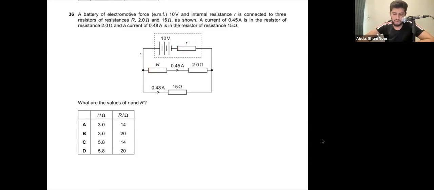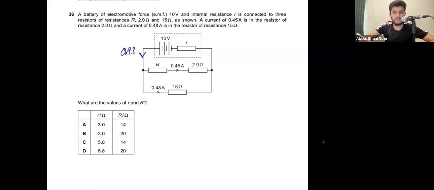So the first thing that I would do here is I would say अगर 0.45 है, ये 0.48 है, so this should be 0.93. This should be 0.93. 0.45 plus 0.48, and yes, that's definitely 0.93. ठीक है.